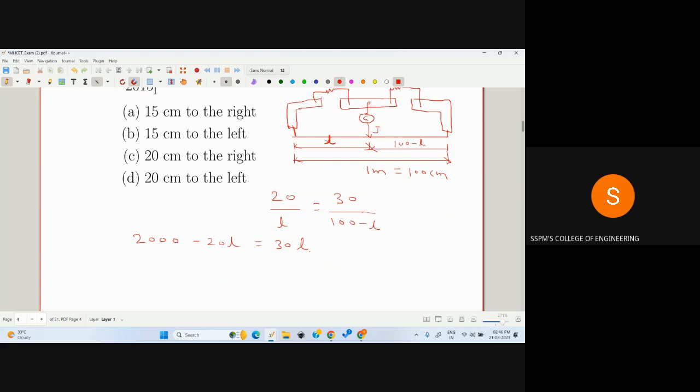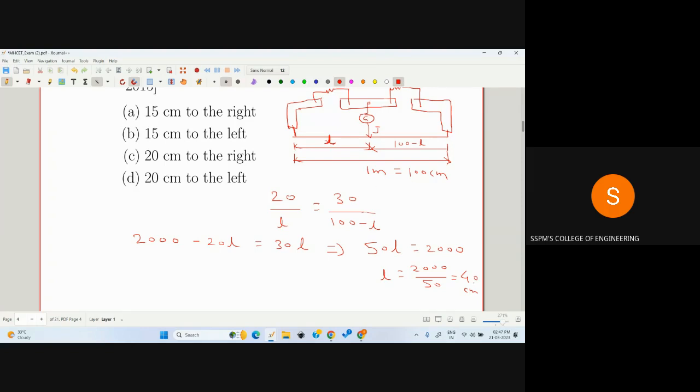So 2000 is equal to 50L, and L is 2000 divided by 50, which gives 40 centimeter.